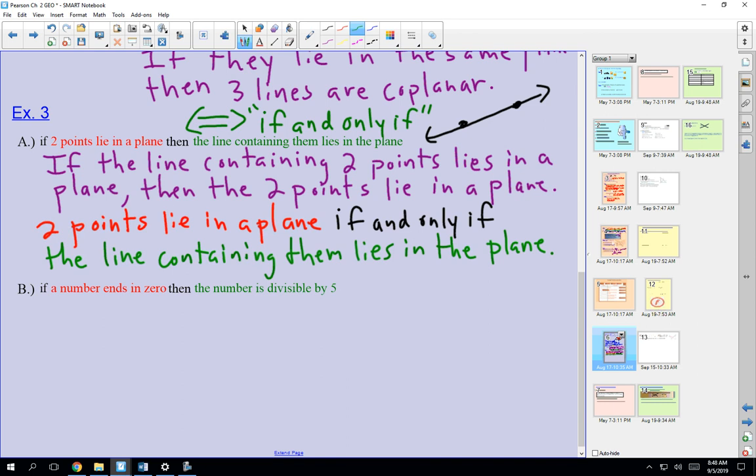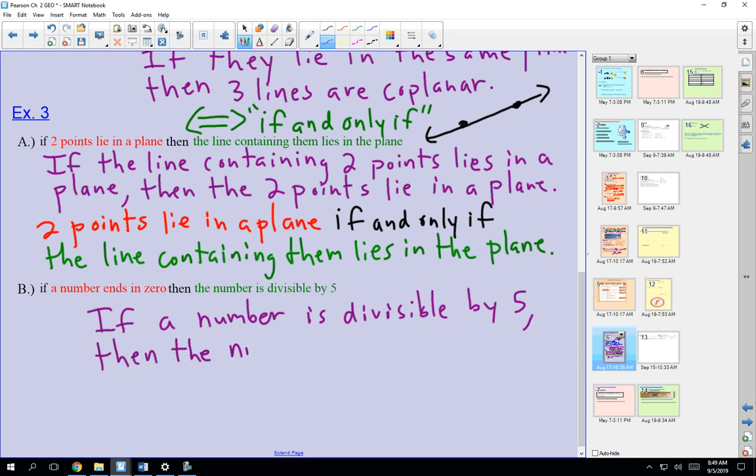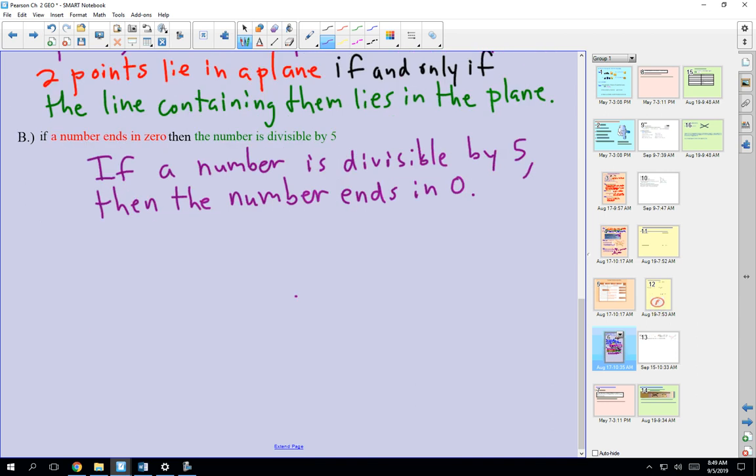So we just write the converse and then write false. And the number ends in 0. And we would say that's false.